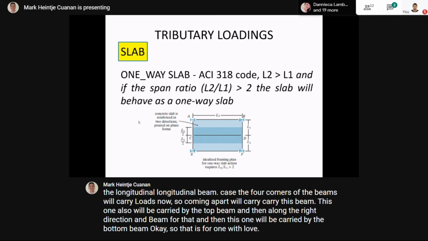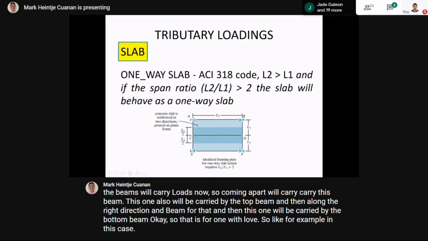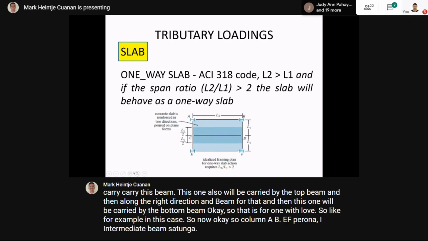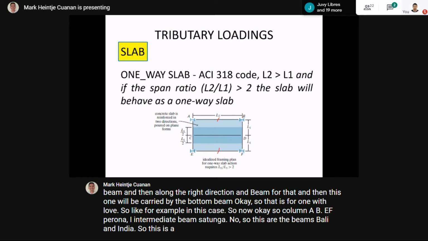Okay, so like for example, in this case, naa kay column A, B, E, F, pero naay intermediate beam sa tunga. So these are the beams: a beam, a girder, and a beam.